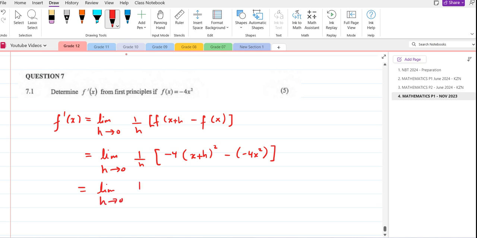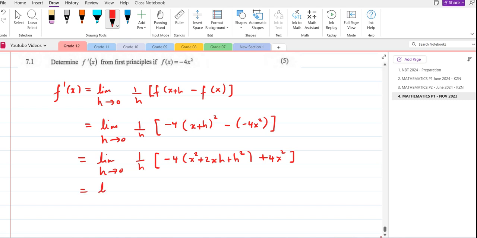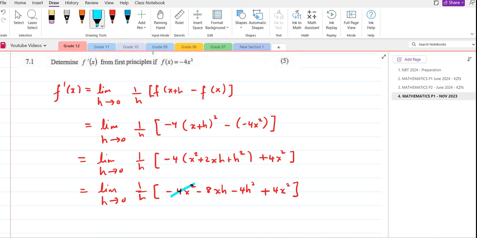Close, limit as h approaches 0 of 1 over h. If I open this up, I'm getting minus 4 times (x squared plus 2xh plus h squared), squaring a binomial, plus 4x squared. Now if I open up the entire thing, I will get 1 over h into negative 4x squared, negative 8xh, negative 4h squared, plus 4x squared. Now you can clearly see that minus 4x squared and 4x squared cancel out, and now we can take out h as a common factor as well.